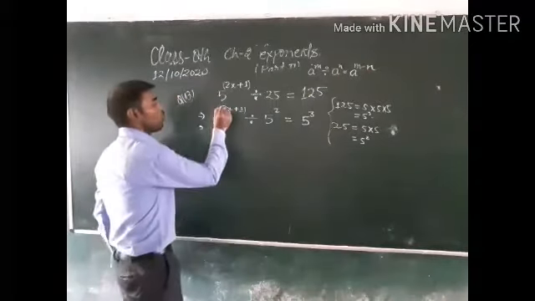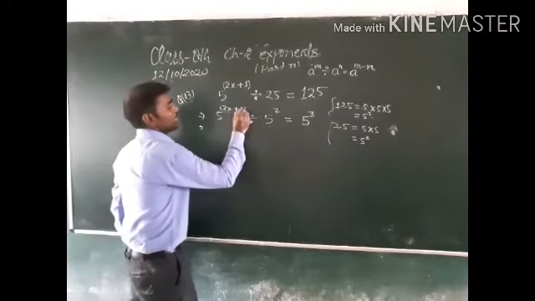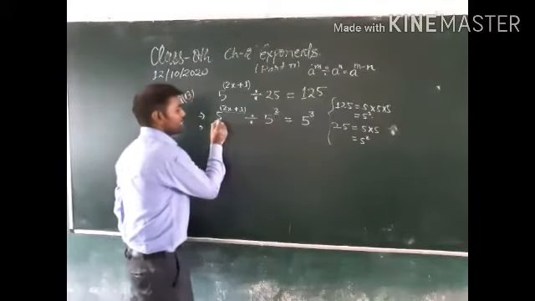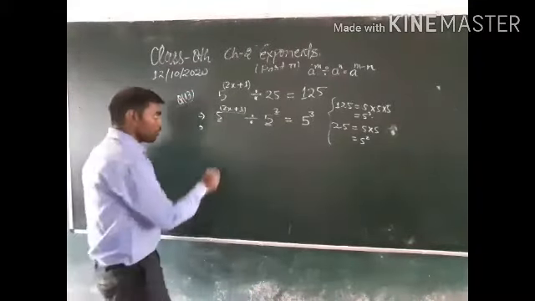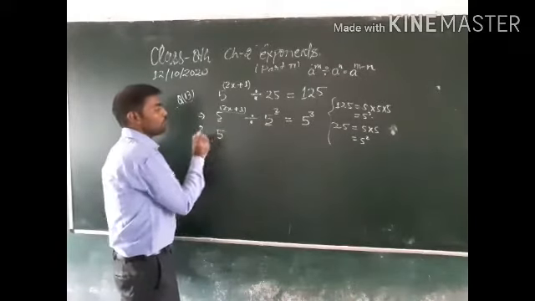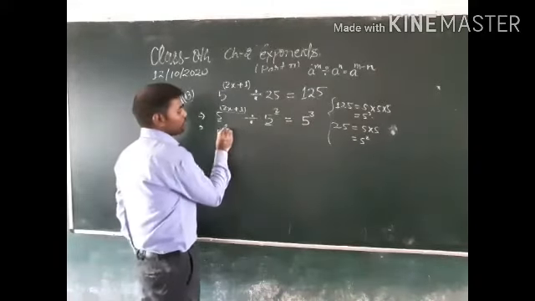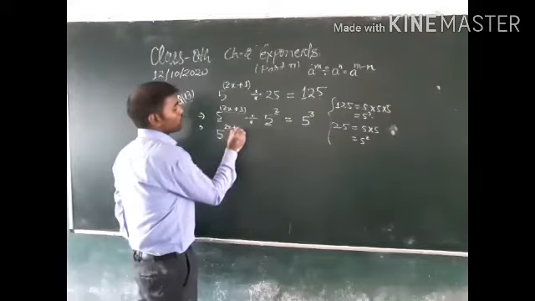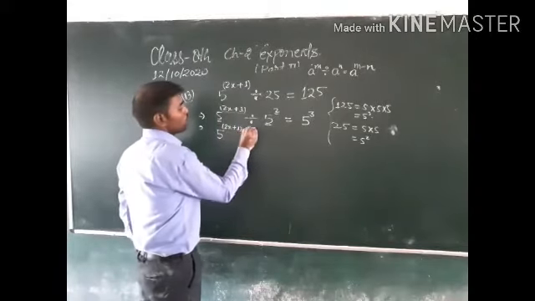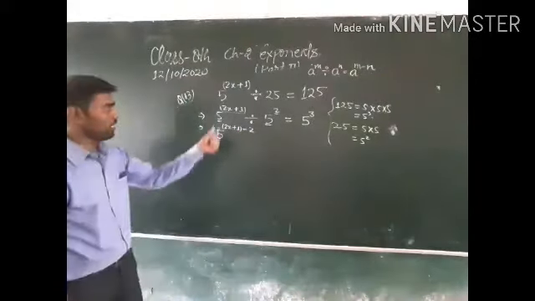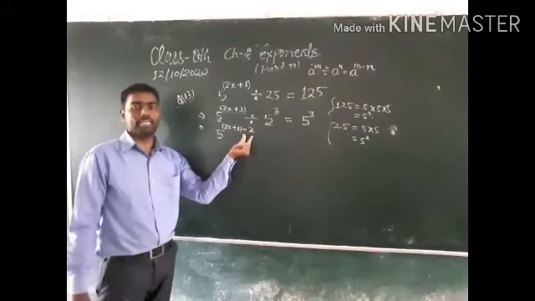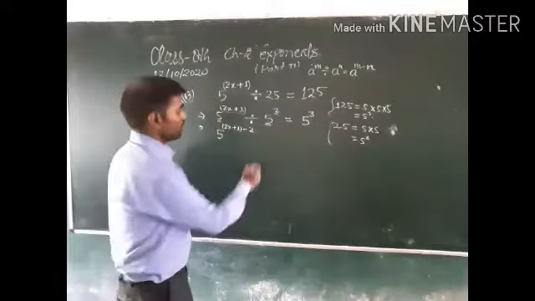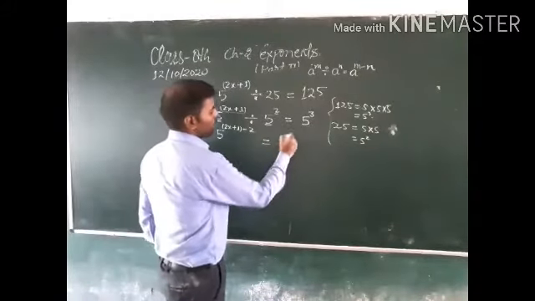Here this whole part is m, this part is n, and this is a. So what will we write? We write 5 to the power m minus n. It means 2x plus 1 minus 2; 2x plus 1, this is m minus n. So 2x plus 1 minus 2 is equal to 5 to the power 3.